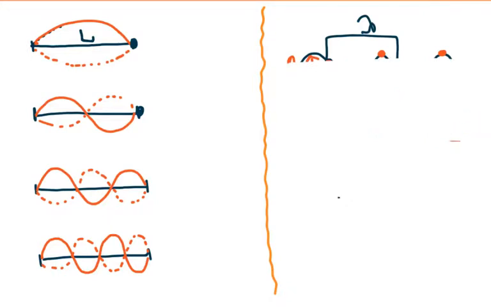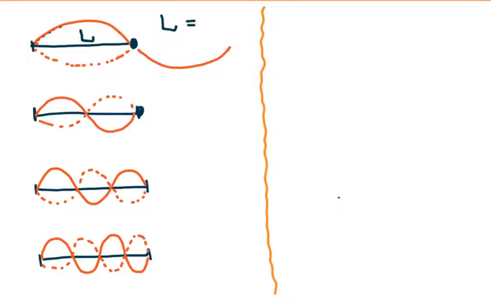So if I look at my problem that I drew on the left side, in the first top graph on the left, I don't see the full wavelength. I'm missing this part for the full wavelength. So what I see is my L is actually equal to 1/2 of the wavelength of the wave. I can also look at the second one and say, oh, if this is the length of the rope, then in this case my L is equal to the wavelength.